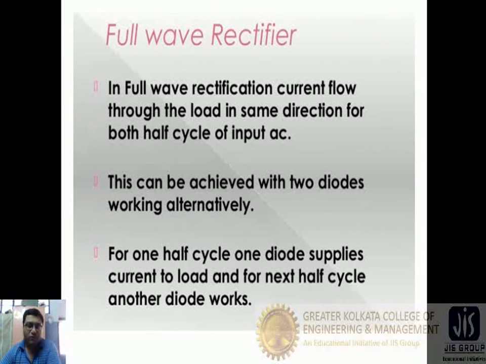Now comes the full wave rectifier. In full wave rectification, the current flow through the load is in the same direction for both half cycles of the input AC signal. This can be achieved with two diodes working alternately. For one half cycle, one diode supplies current to the load, and on the next half cycle the other diode works.